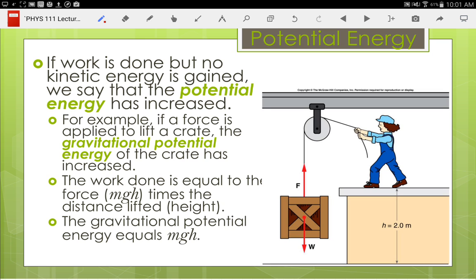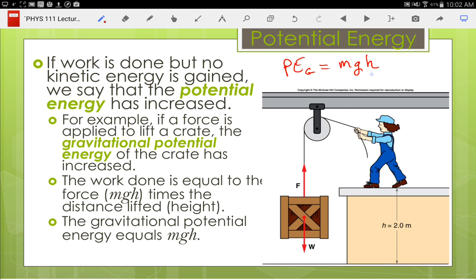And that work was equal to the force of gravity, mg, multiplied by the distance it dropped, the change in height. And so we define a gravitational potential energy due to gravity, is equal to the force of gravity, mg, times the potential height it could drop, h.